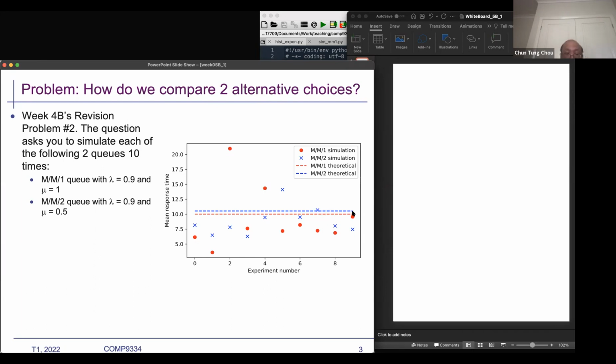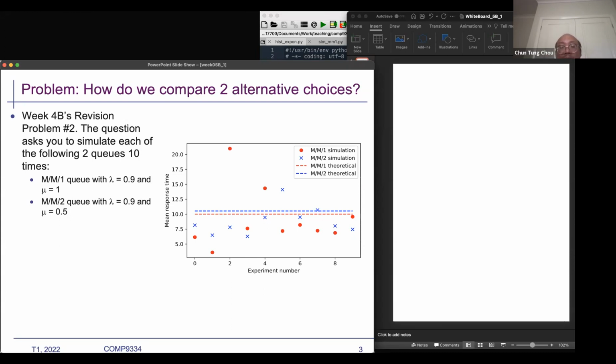So in 3 out of 10 experiments, we are actually not getting the answer that we expected, because theoretically, the MM1 queue has a better mean response time compared with the MM2. That does not sound very good, because it means 30% of the time on average, we are going to make a mistake in our decision. So we do not want that.